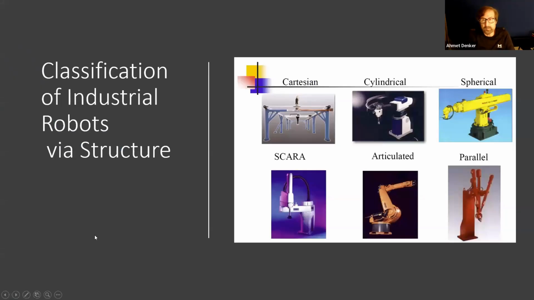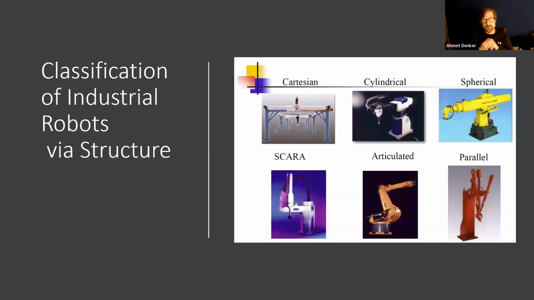Okay, we classified the robots with respect to their mobilities, motion characteristics, like stationary manipulators, mobile robots, or hybrid robots. Now here we classify them with respect to their structure.